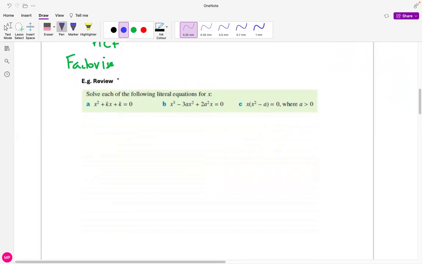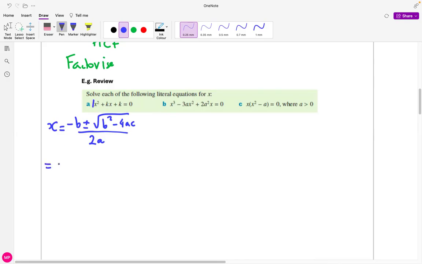Example A: you can see this is an x squared, which is a quadratic equation, and I want to solve it, and I can't factorize here. So I just use the formula x equals negative b plus or minus root b squared minus 4ac over 2a. Here a equals 1, b is k, and c is k.